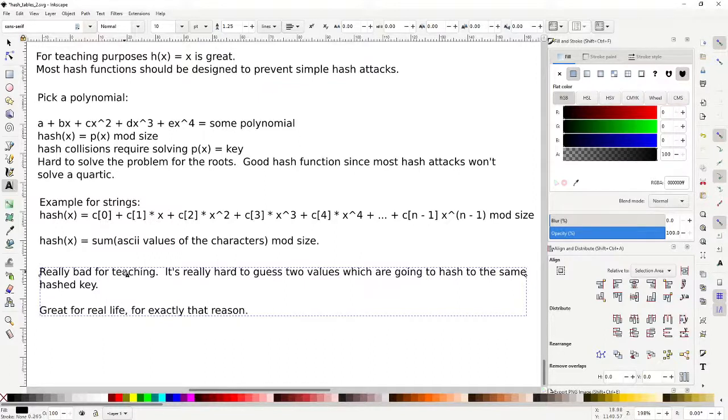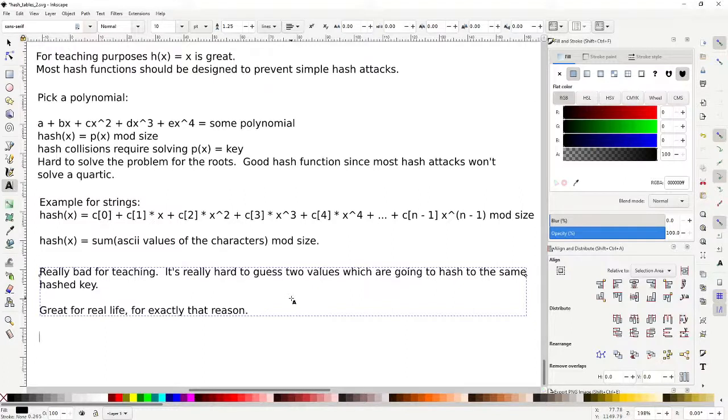So it's very difficult if I just told you that I'm going to use some polynomial like this to hash, you're going to have a very hard time discovering what all these coefficients are, and you have to solve this. It's actually kind of difficult, right? It's really an algebra problem. And it's a very hard algebra problem. And so that's a good bit of news.